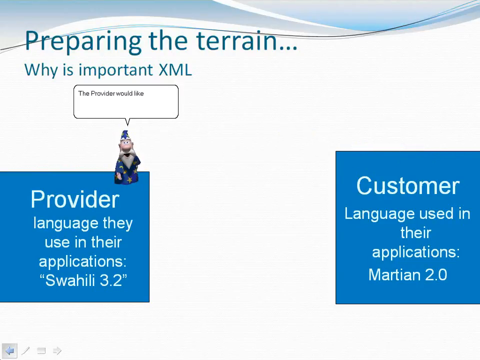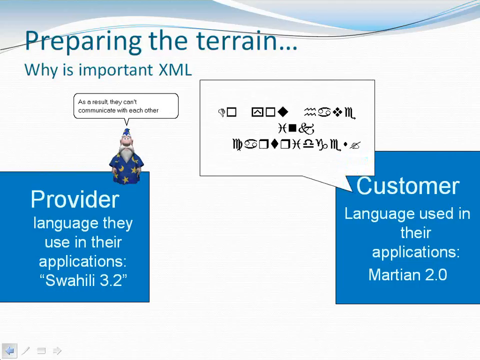The provider would like to integrate their sales systems with their customer as well, but they use Swahili version 3.2 as their internal technology for all their applications. As a result, they can't communicate with each other.